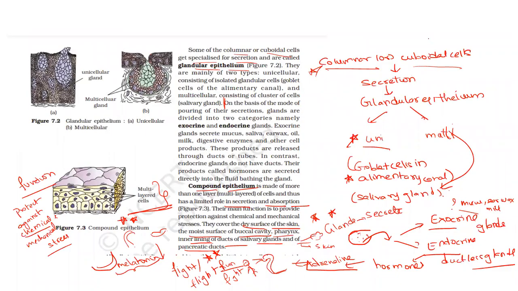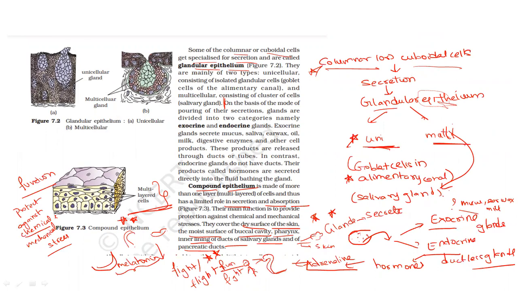Now columnar or cuboidal cells undergo a change, where they get specialized mainly for secretion, and they're called glandular epithelium. It can be unicellular glandular epithelium or multicellular glandular epithelium.